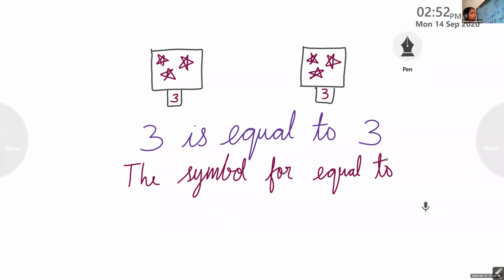The symbol for equal to is two dashes having the same length, two hyphens.